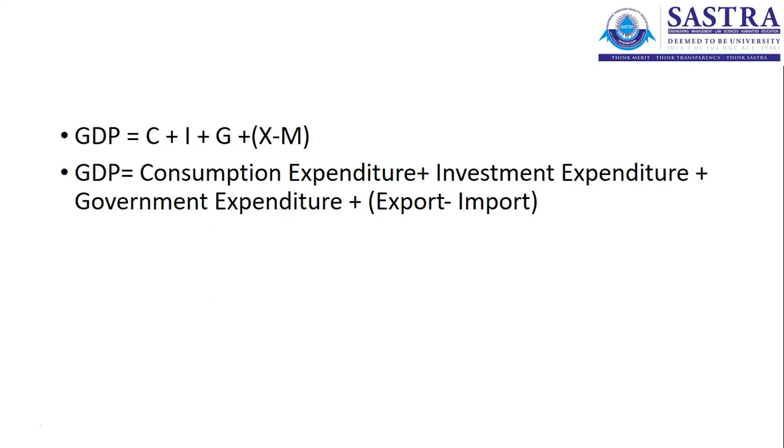And G is government expenditure. In government expenditure, the total value of goods and services consumed by the government is calculated. These are provided by the government to the people, or the government directly consumes that service from the people, and the total value is added into government expenditure.